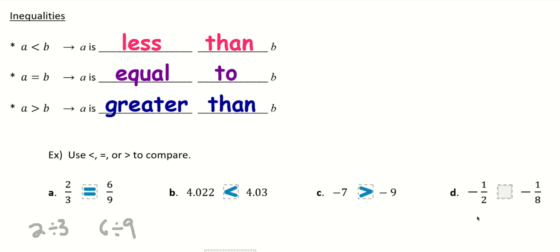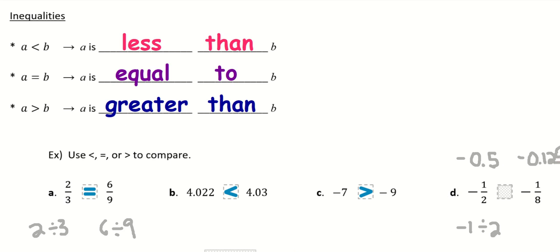And this one, once again, it might help you to literally divide to get a decimal. So change these to decimals. So I believe, do I have a calculator handy? I'm going to have to use my head. But that's -0.5, and I think this is -0.125 maybe?